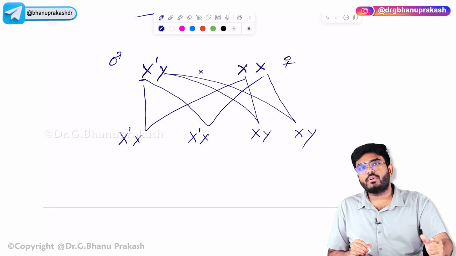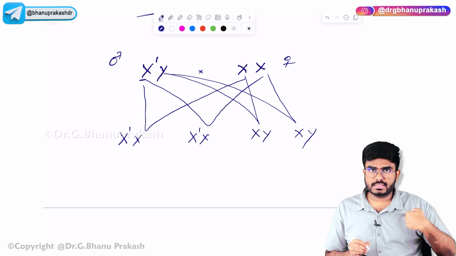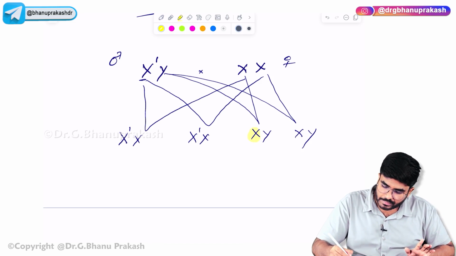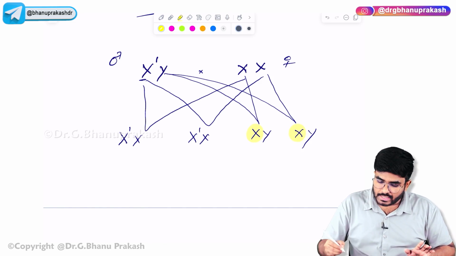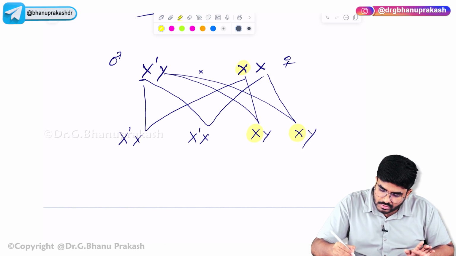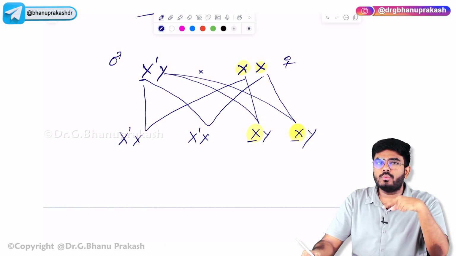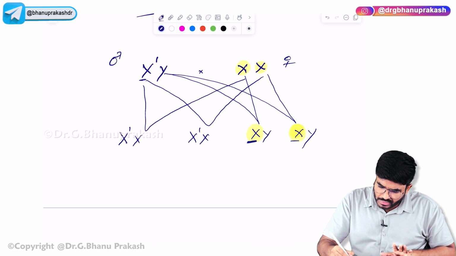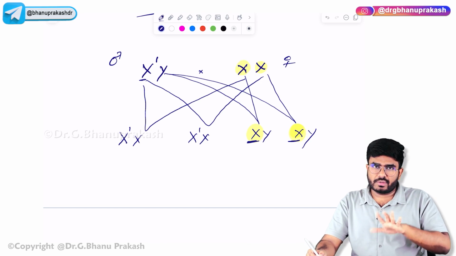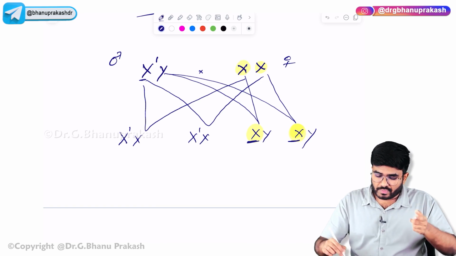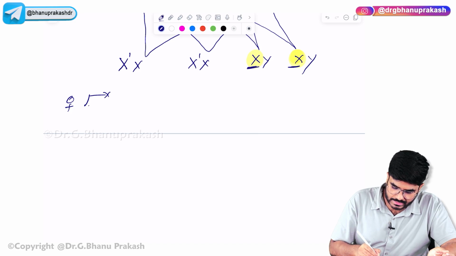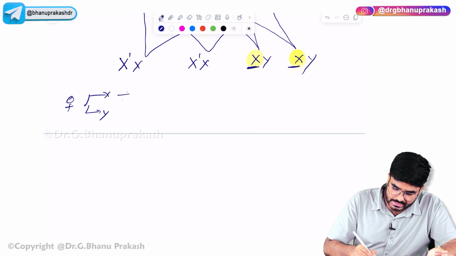The point which I want you to know is that males always receive the X chromosome from the mother and the Y chromosome from the father. Keep this point in mind. Males will have X and Y chromosomes. X is always coming from the mother.